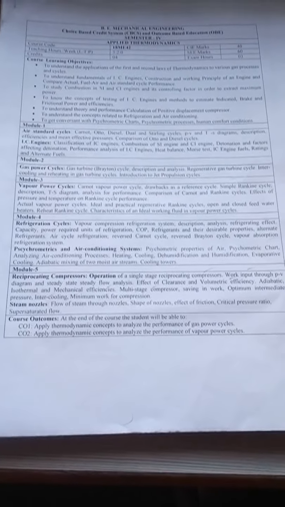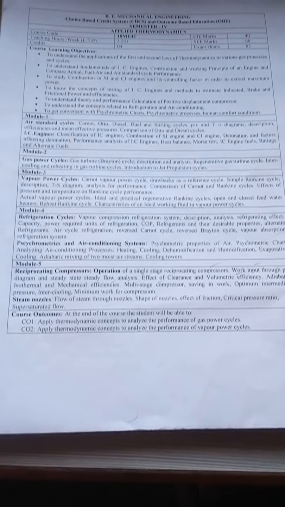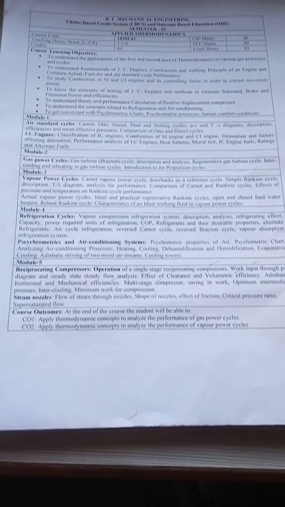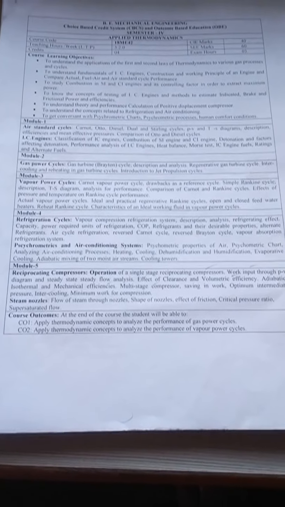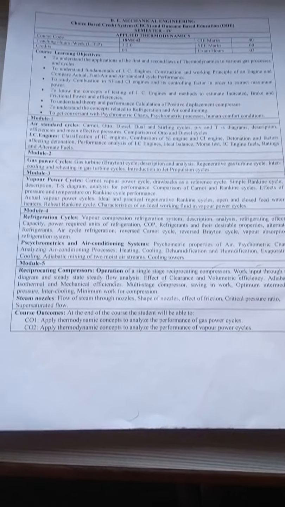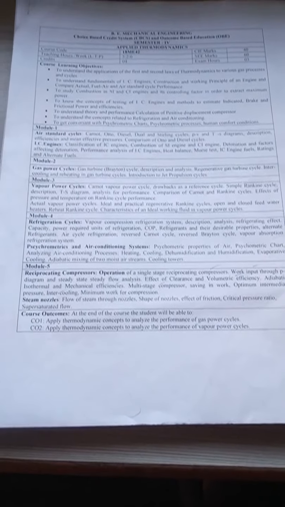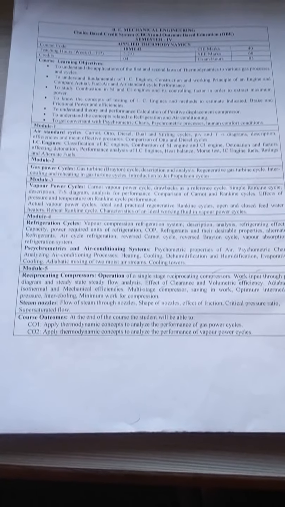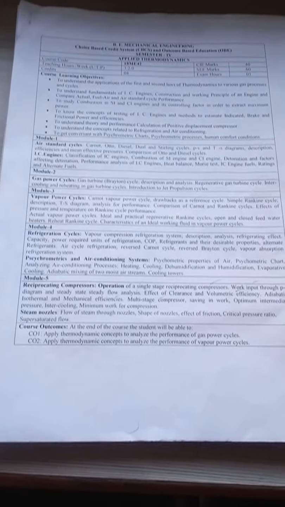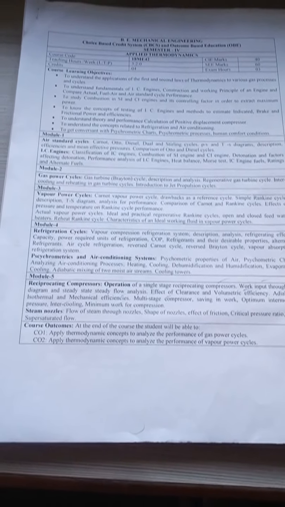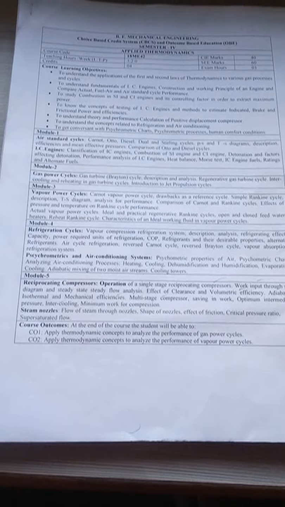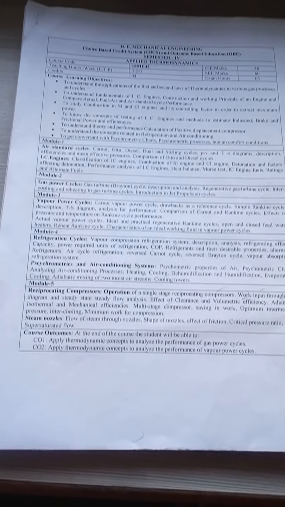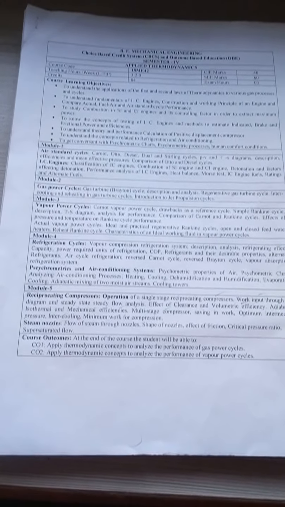So steam nozzle, what all we have to cover? Flow of steam through nozzle, shape of nozzles, effect of friction, critical pressure ratio, and supersaturated flow. This is a very limited portion. So they may ask you to explain the flow of steam through nozzles, the shape of nozzles, the effect of friction, and the derivation of critical pressure ratio.